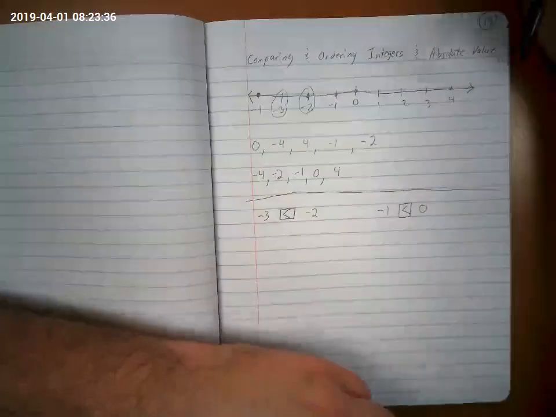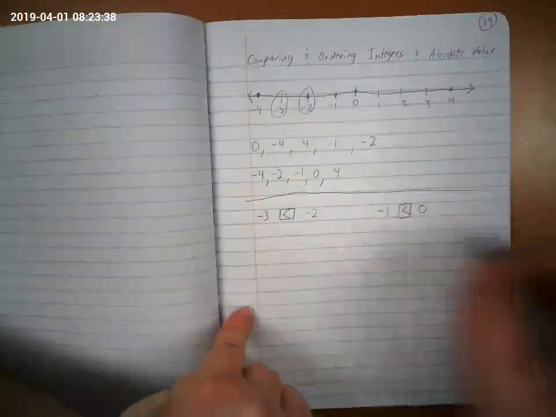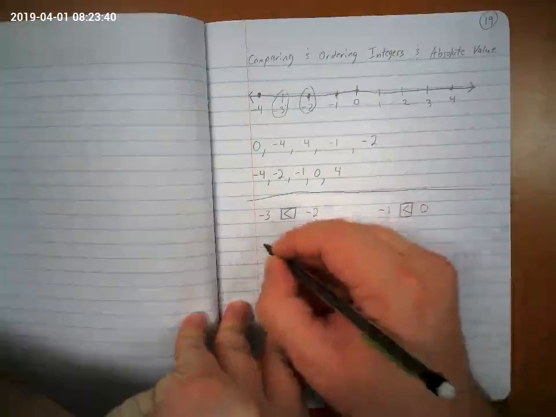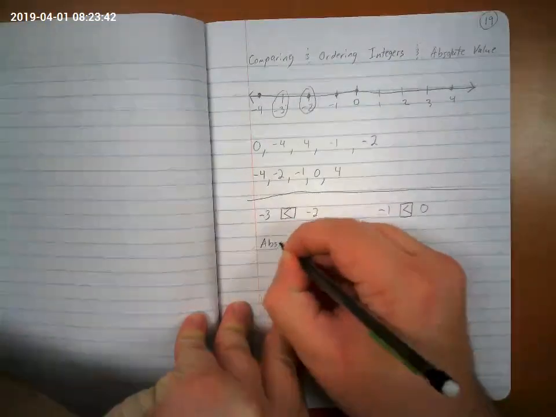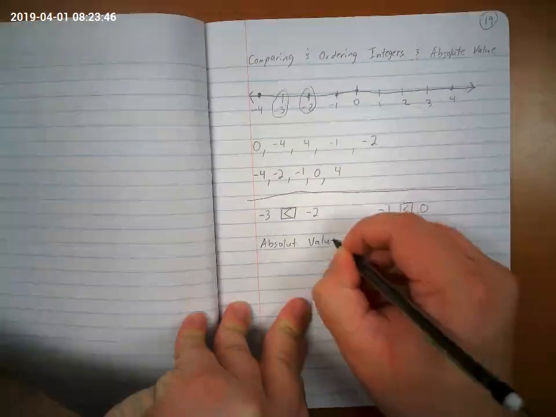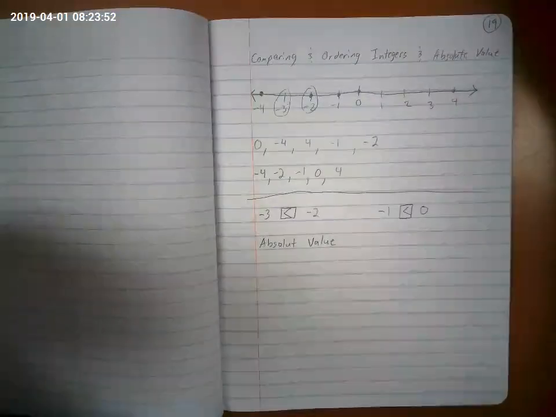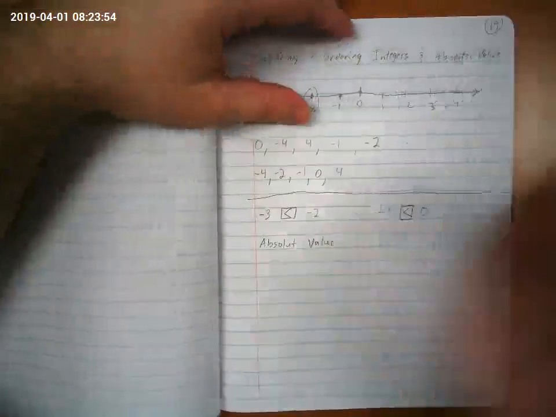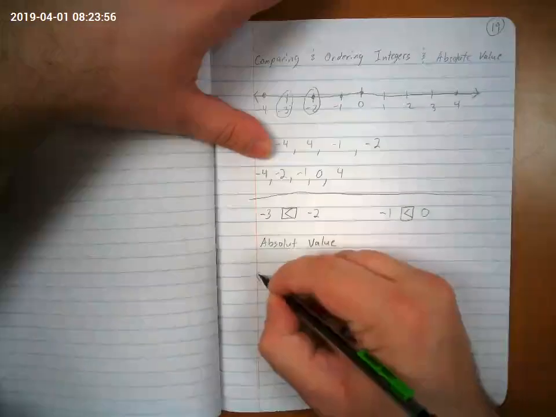All right, so now let's talk about absolute value. Absolute value just means how far a number is away from 0 on the number line. So here's my number line.